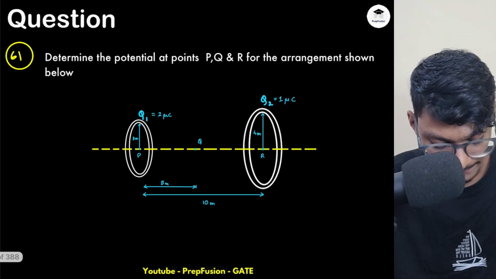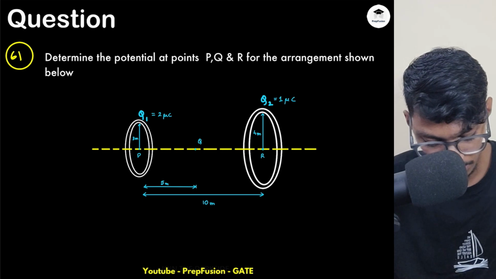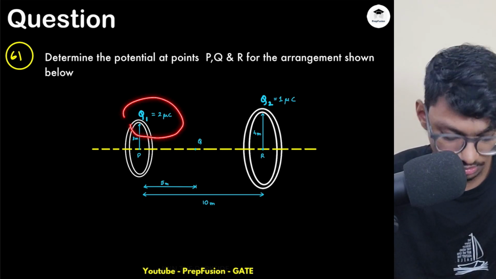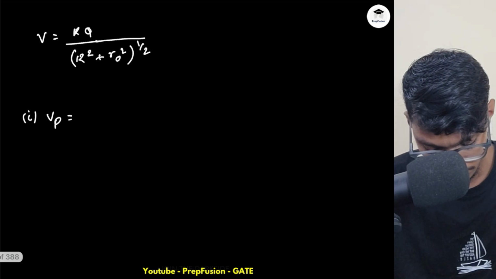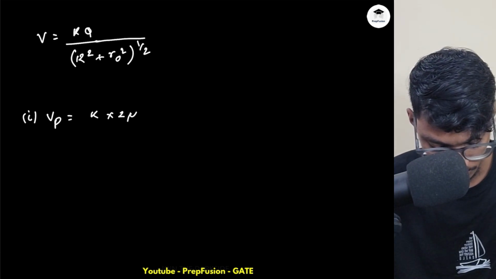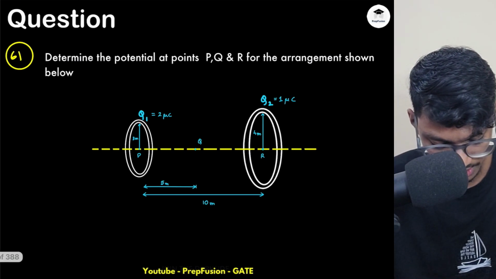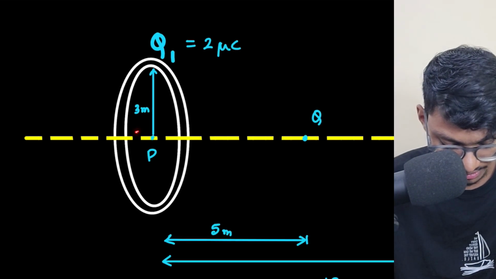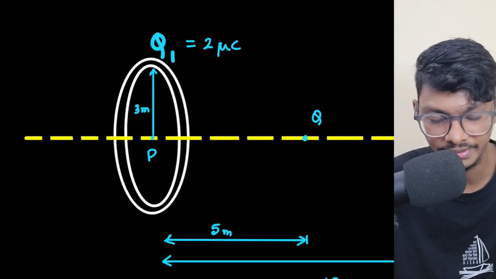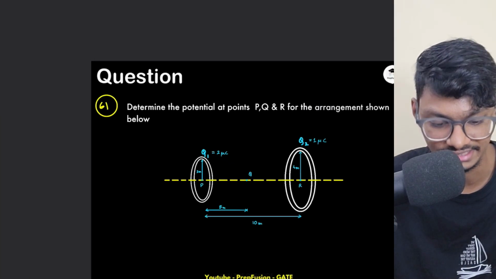So here, what is happening? Due to this ring, what is the potential at point P? It is K times 2 micro divided by root of R square plus perpendicular distance whole square. R is 3 meter, but there is no perpendicular distance. This is on the axis itself, so it will be 0.